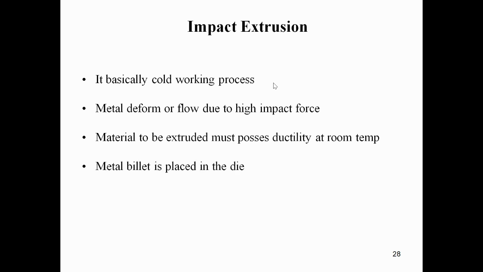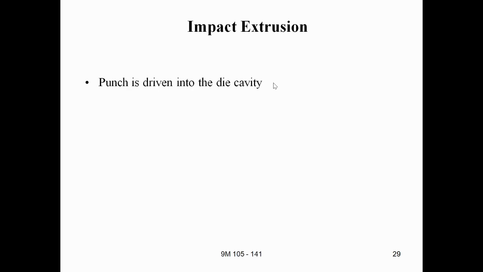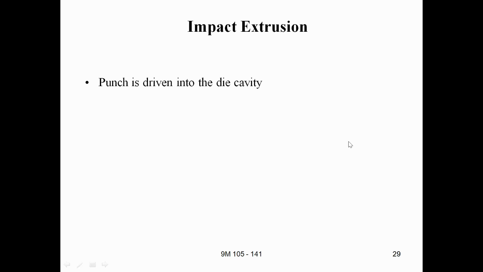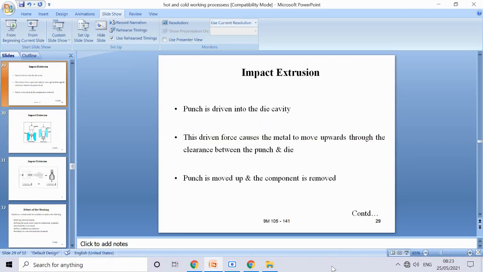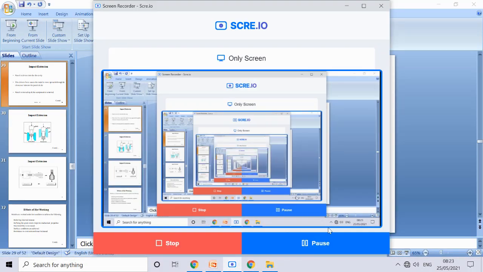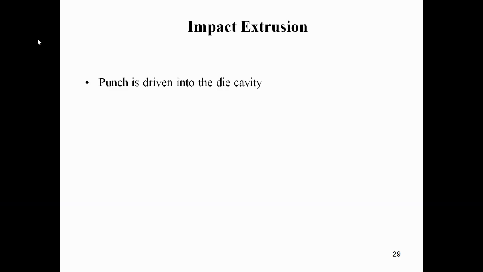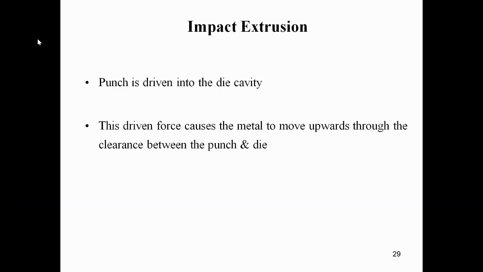The metal billet is placed in the die. The punch is driven into the die cavity with the help of a ram.